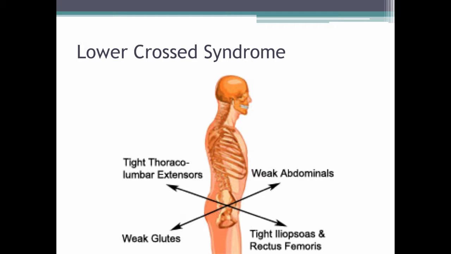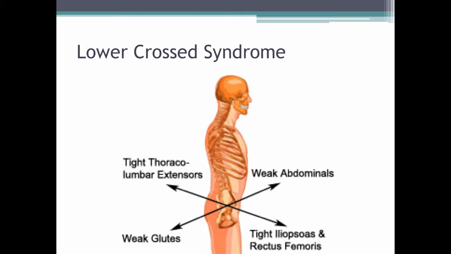Diagonally, you have tight lumbar extensors and tight iliopsoas and rectus femoris, and then you have weak abs and weak glutes. So again, if your abs are the agonist, they're weak. The antagonists are tight.